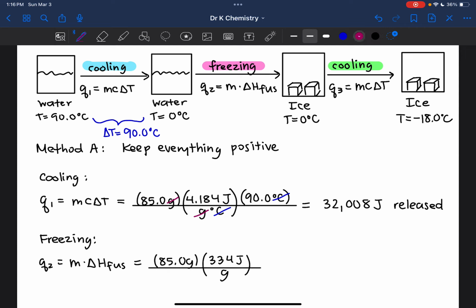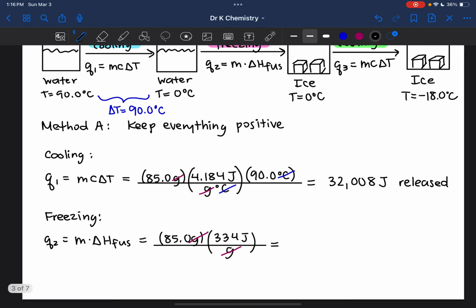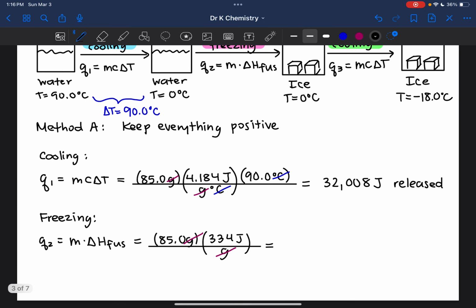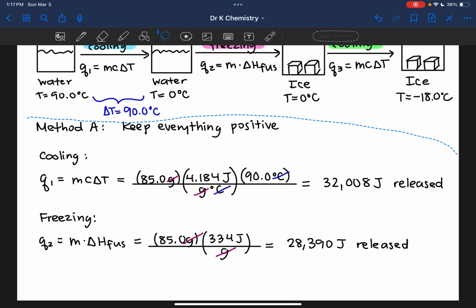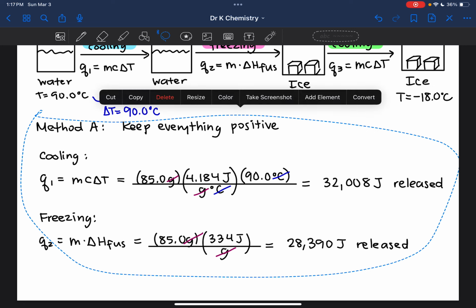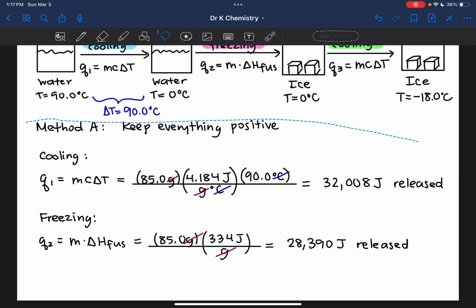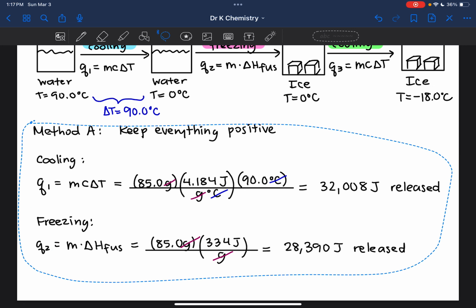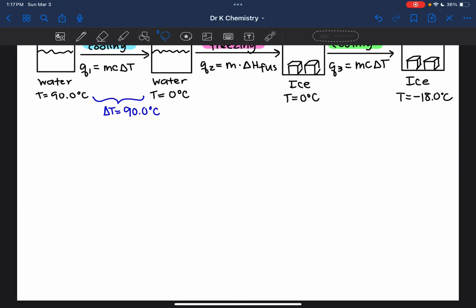Okay, and now we have grams in the numerator and denominator, so they cancel out and our units are in joules. So that is 28,390 joules released. And I'm writing released on everything to indicate that this really should be a negative value because it's being cooled. But if I keep it positive, I can say that energy is being released from the system.